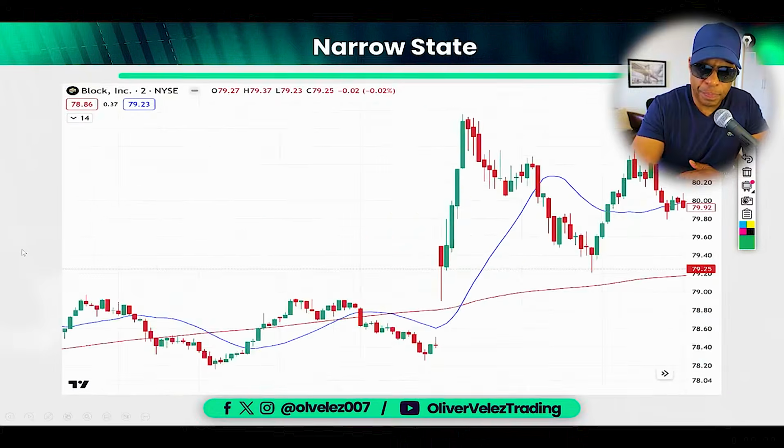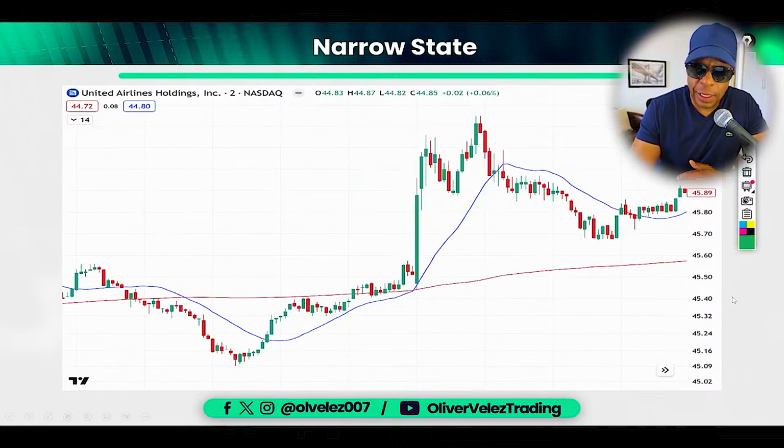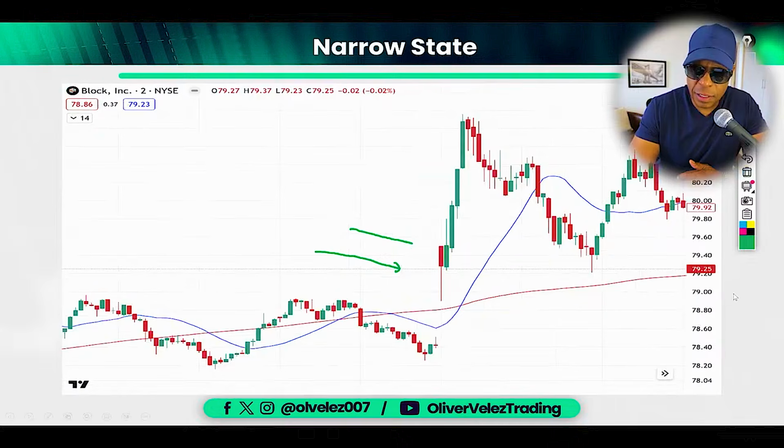Oh, whoa. Here's elephant power. Boom. Okay? Now, here's elephant power. Boom. Elephant power. Okay? But here is tail power. Bottoming tail.